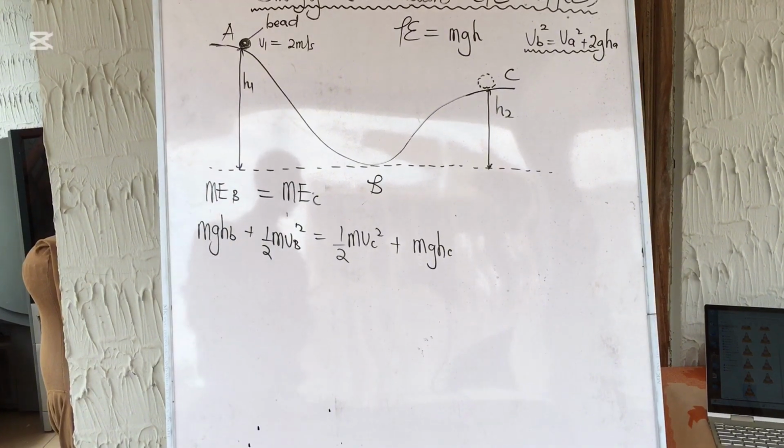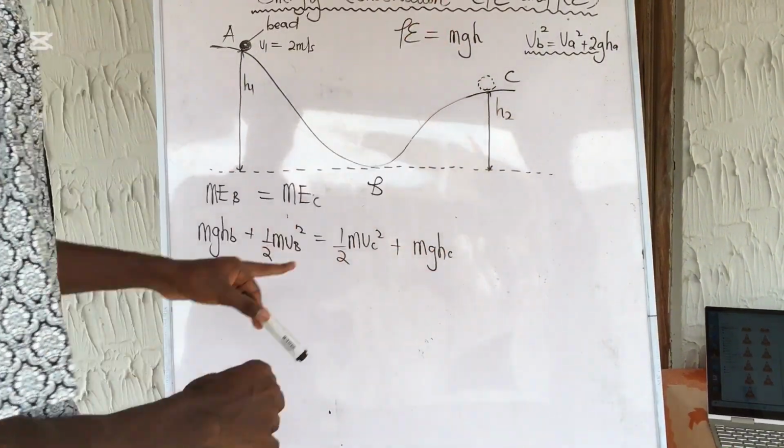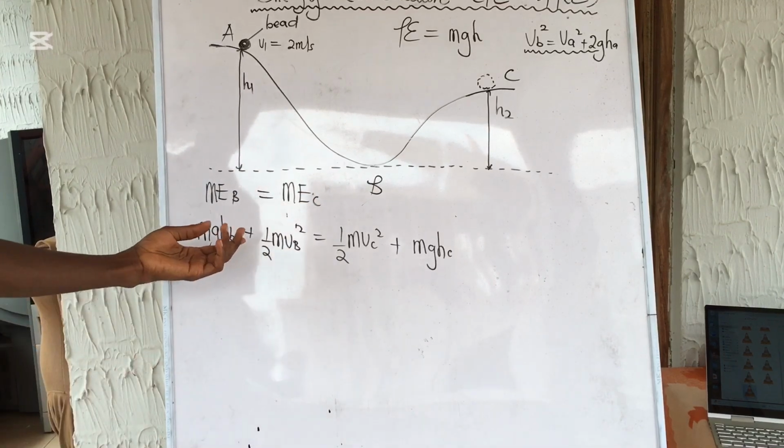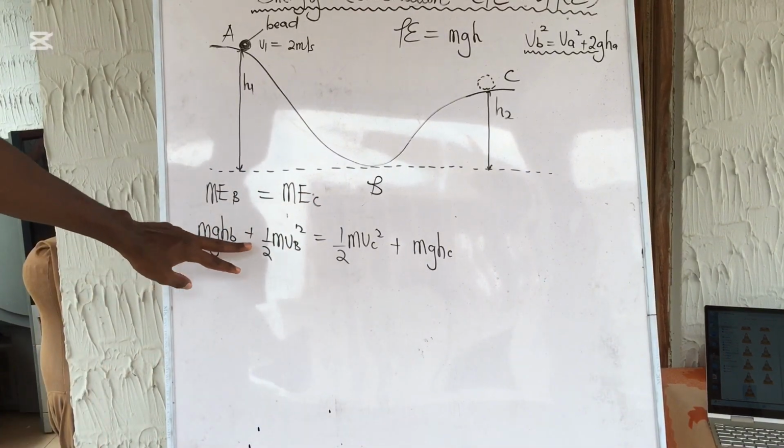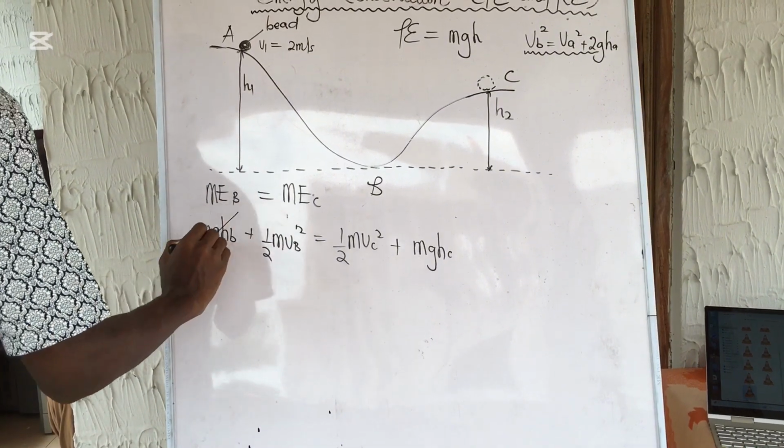At point C we have a height, so our potential energy is not equal to 0. But at point B, our height is equal to 0. There is no height here, so our potential energy here is 0.